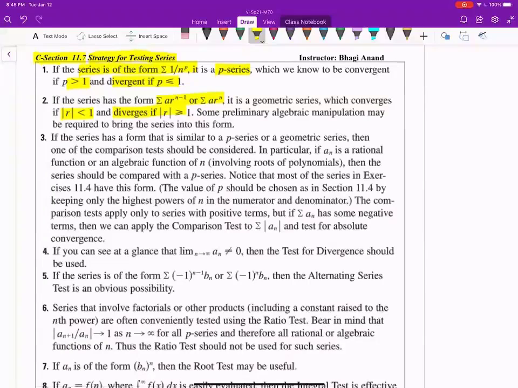If the series is of a form similar to a p-series or geometric series, then the comparison test should be considered.